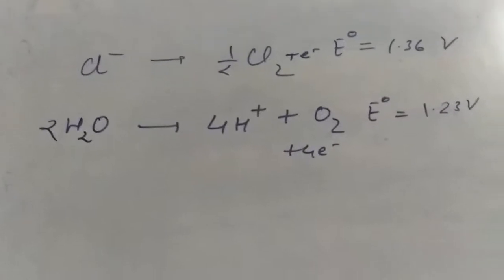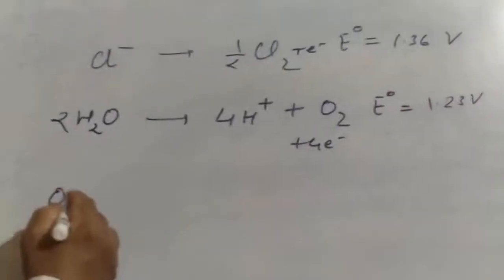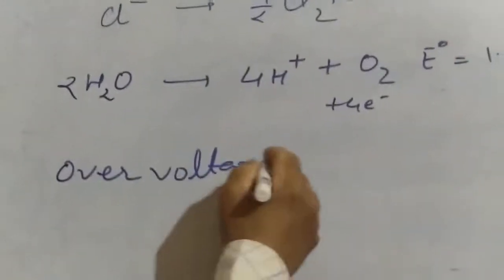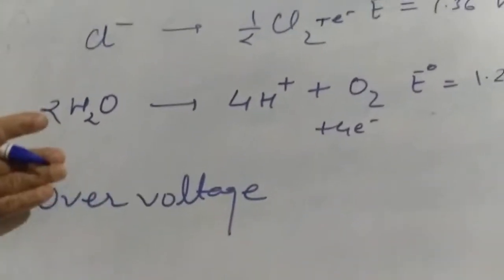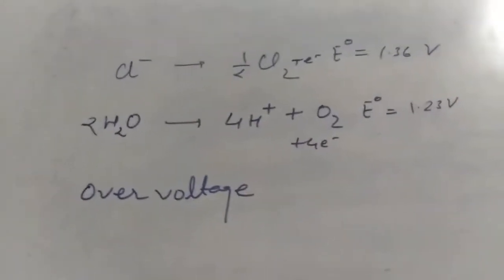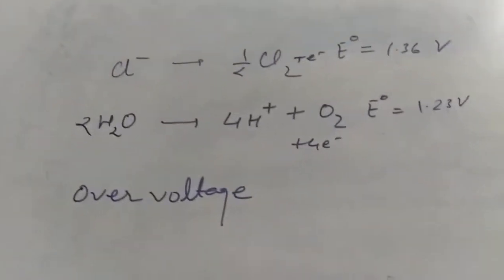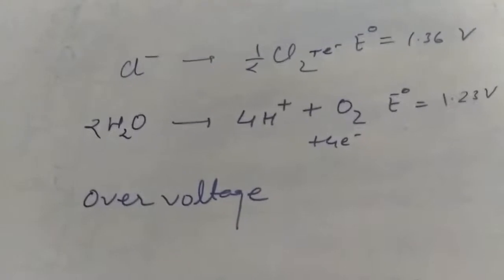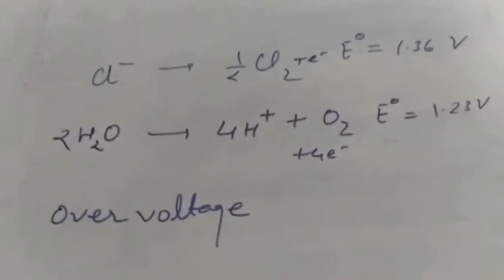Okay, so the logic behind this is called overvoltage. Actually, the transfer of electrons from water molecules to a particular electrode is a kinetically very slow process. And if a reaction is very slow, it requires a huge amount of activation energy.